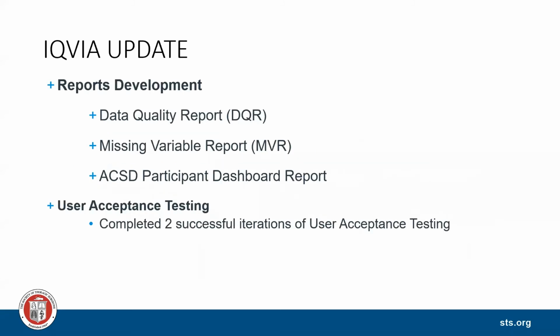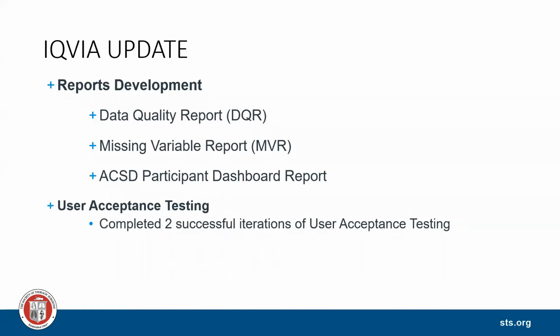Another area of development is reports. We talked a little bit about the data quality report that will be available after you upload. Another report that you will have the ability to review your data with is called the missing variable report. You'll be able to see the thresholds in regards to the percent missing of the different variables within an identified harvest period.